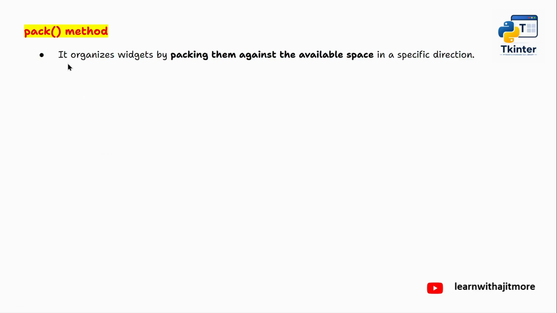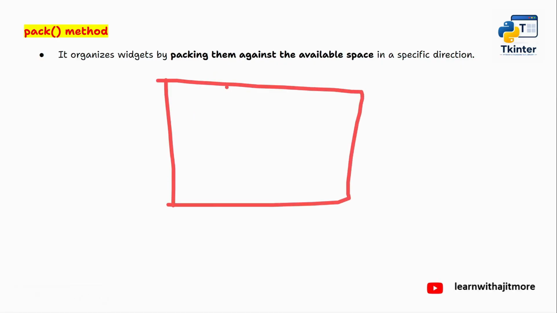So it organizes widgets by placing them against the available space in a specific direction. Means in your window where the space is available, with that space it starts occupying. So by default, as I said, your widget will stick to the top. So here the widget is attached. Now the next widget will automatically take the next space, which is available below it.